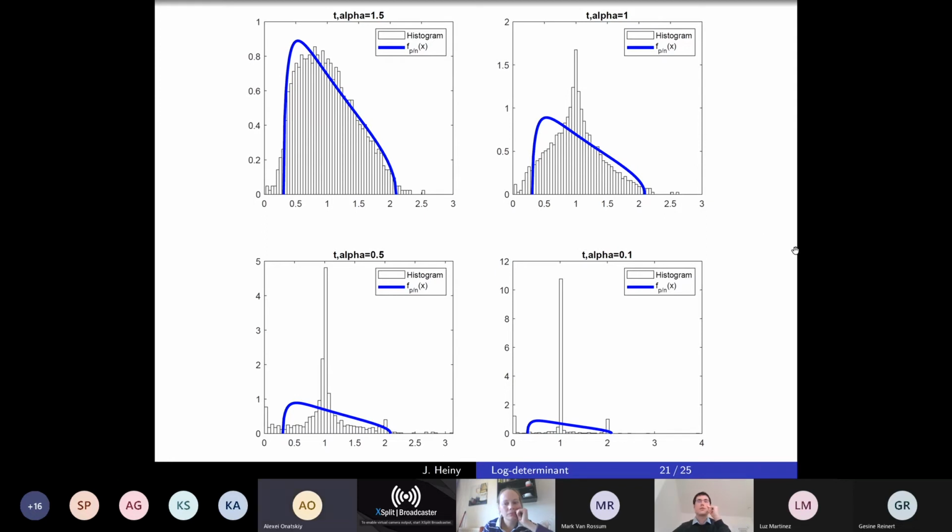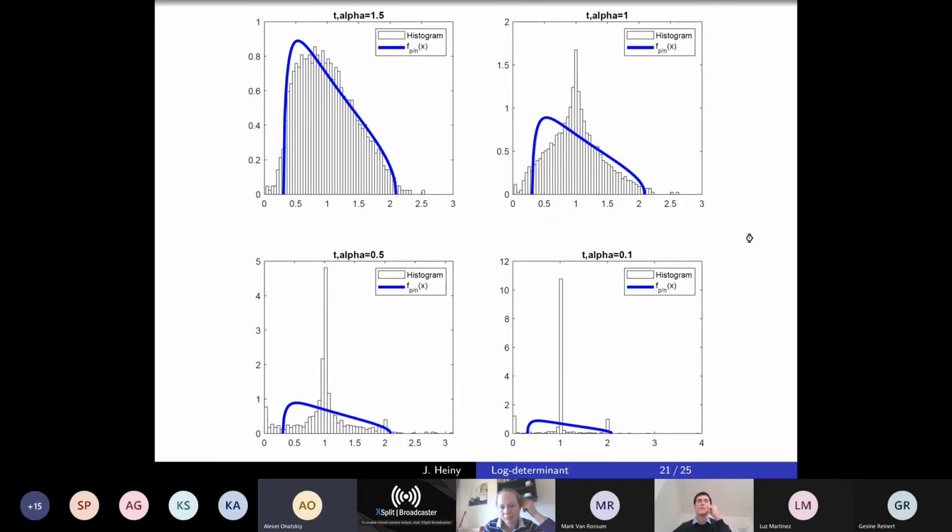So, I'm not asking about a theoretical result, but you could have, for example, produced histograms for the quantiles of the empirical distribution of eigenvalues and see that they are very volatile, let's say, or something like that. And that would give some idea about the speed of convergence. Yes.